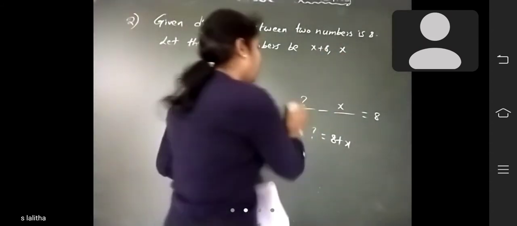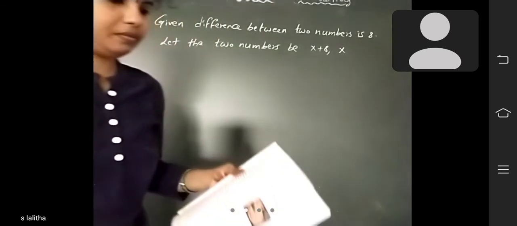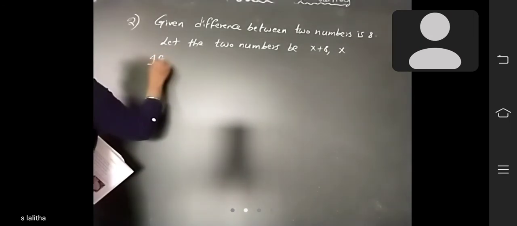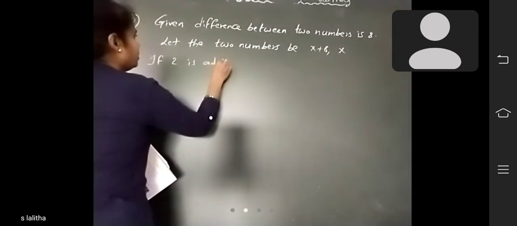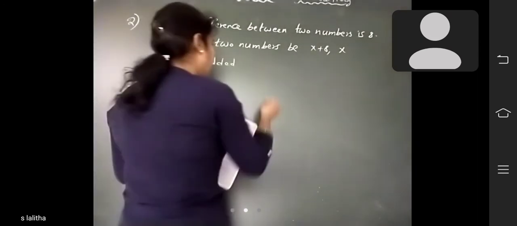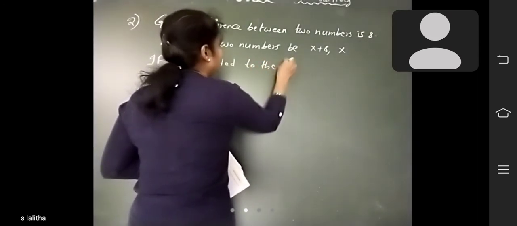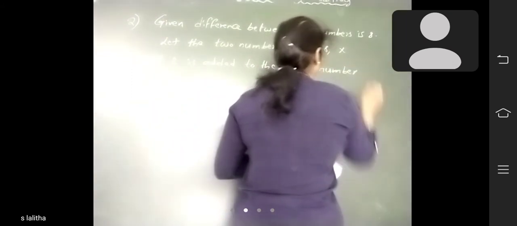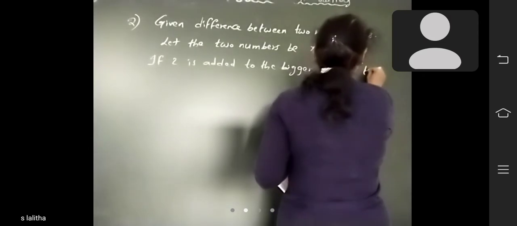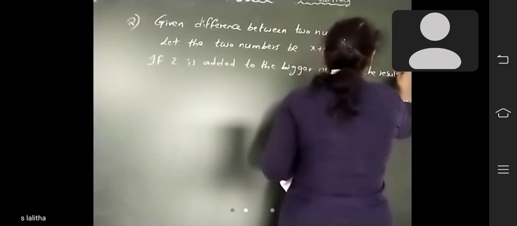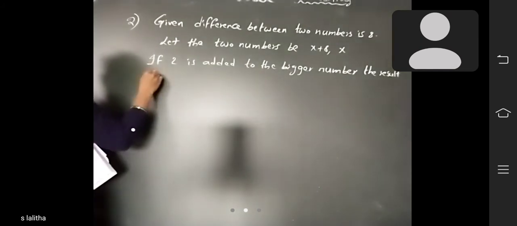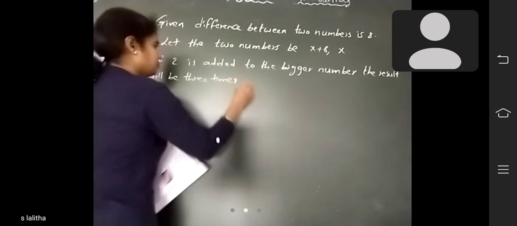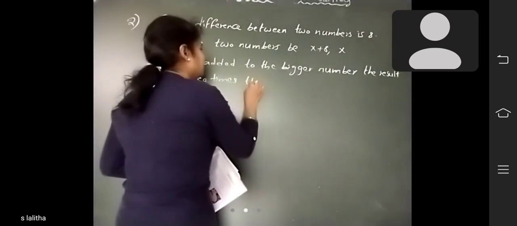Now another, what is given? If 2 is added to the bigger number, the result will be 3 times the smaller number.